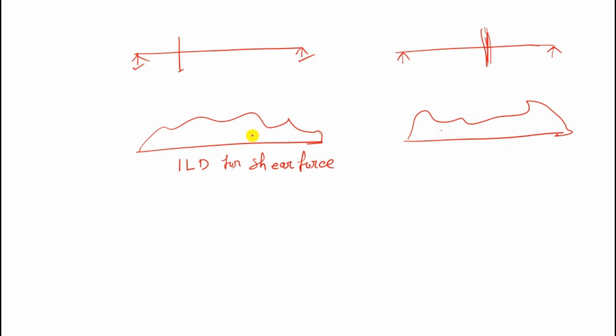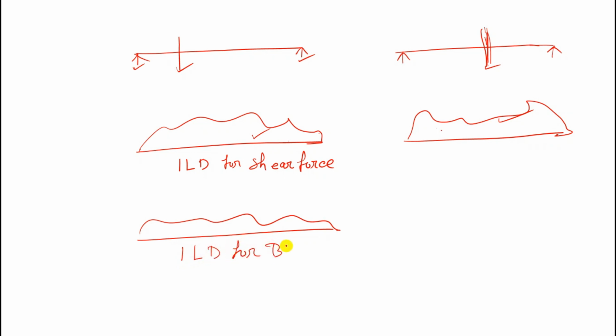This diagram indicates only the amount of shear force for this particular section, and this diagram will indicate the amount of shear force for this particular section. Okay, so like that we have another diagram for bending moment. So this is the influence line diagram for bending moment.